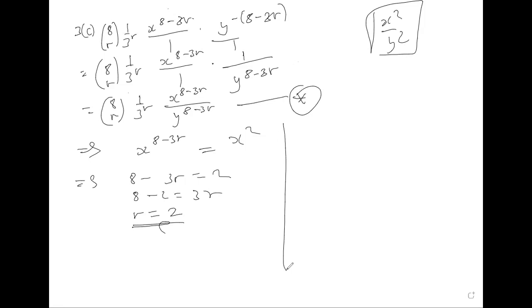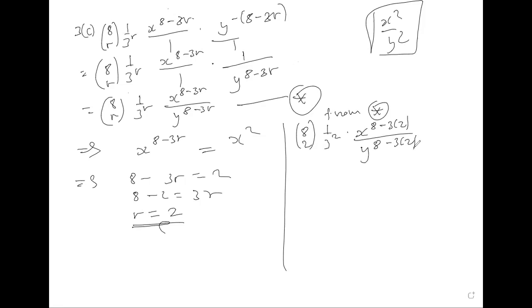So from star, since r is known, we have 8 choose 2, 1 over 3 to the power r, which is 2, times x to the power 8 minus 3 by 2 over y to the power 8 minus 3 by 2. So wherever r is, we're putting 2.